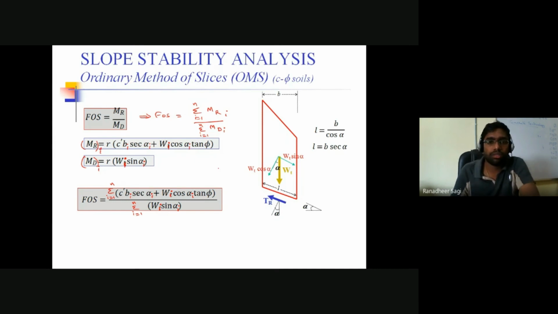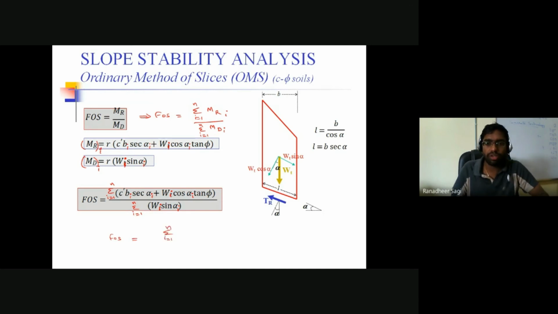Now, in case your pore water pressure term is also taken into consideration, I repeat, in case your pore water pressure term is also coming into the picture, then I have to write down the expression carefully in terms of your pore water pressure also. So in such a case, your expression for factor of safety would slightly get modified like this.